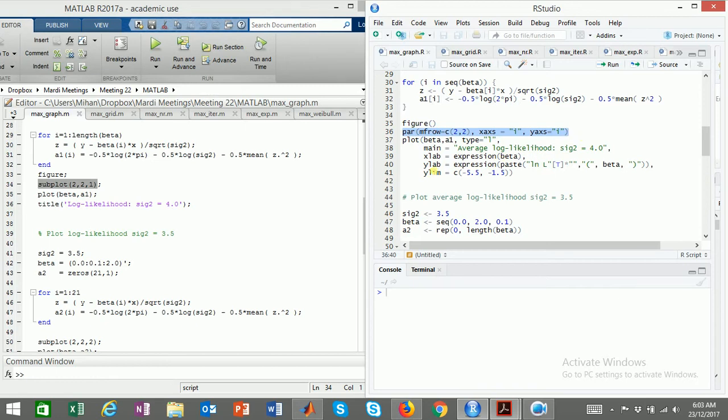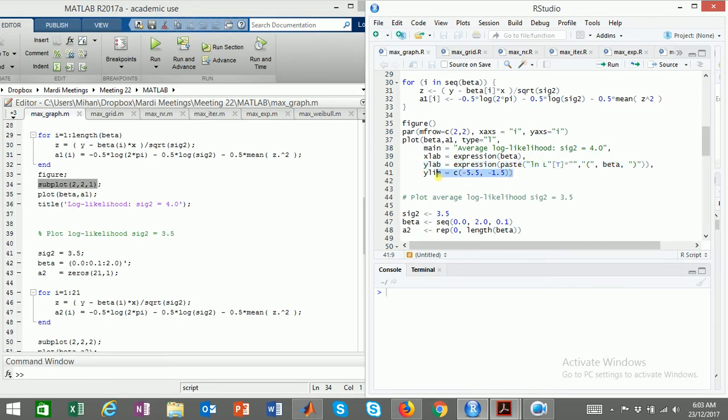Plotting beta a1, type is linear. Expression of beta, pasting log lt, this log of lt multiplied to this. Alright, just remember that.